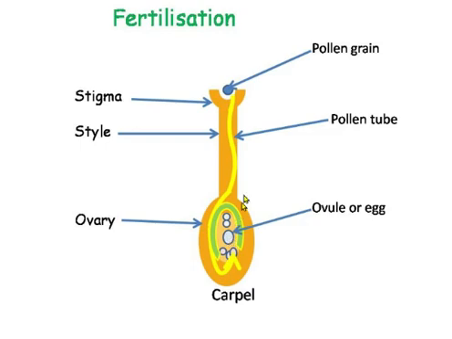Reproduction by flower has two parts, pollination and fertilization. Pollination is the transfer of pollen grains from anther to the stigma. What happens after the transfer?